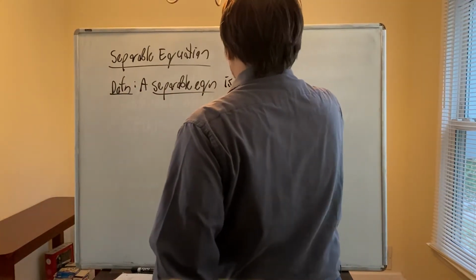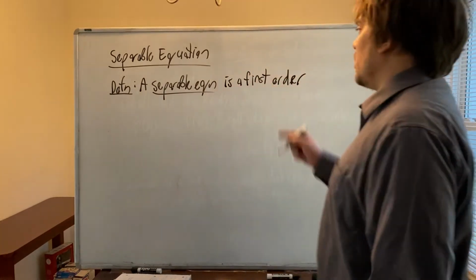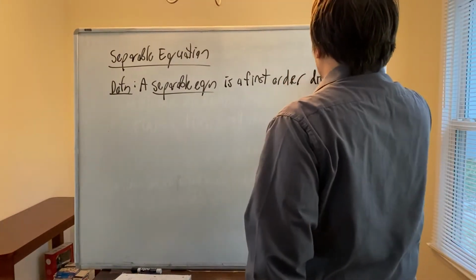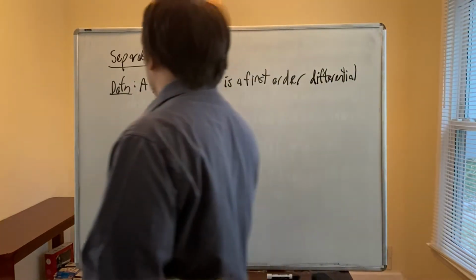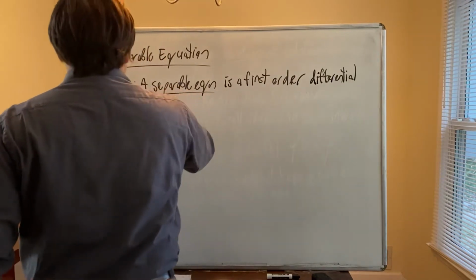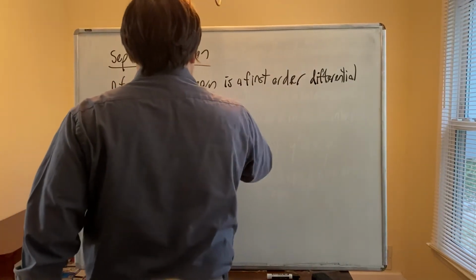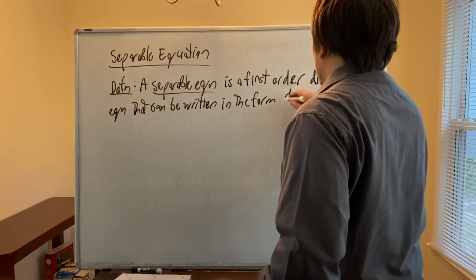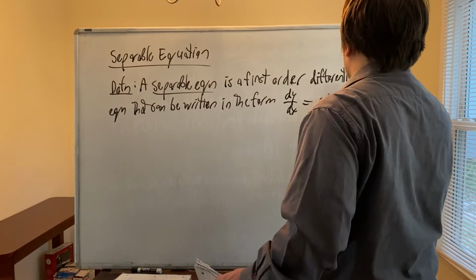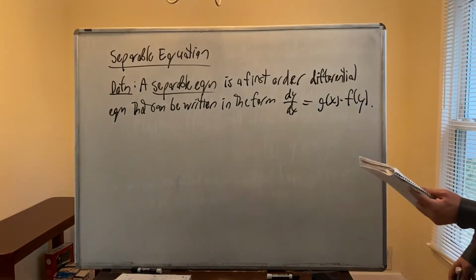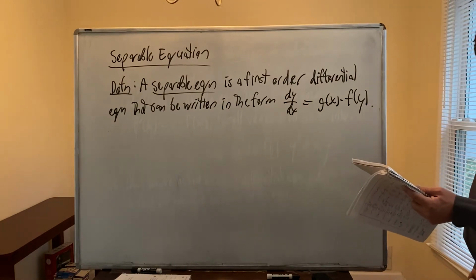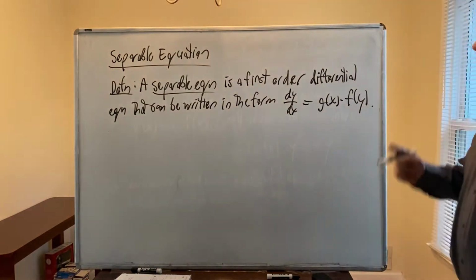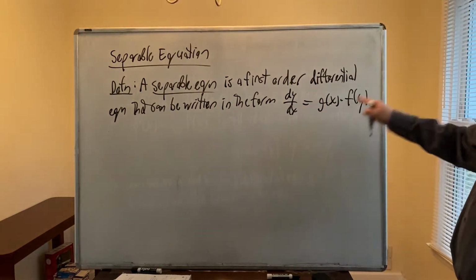is a first order differential equation that can be written in the form dy dx equals g of x times f of y.